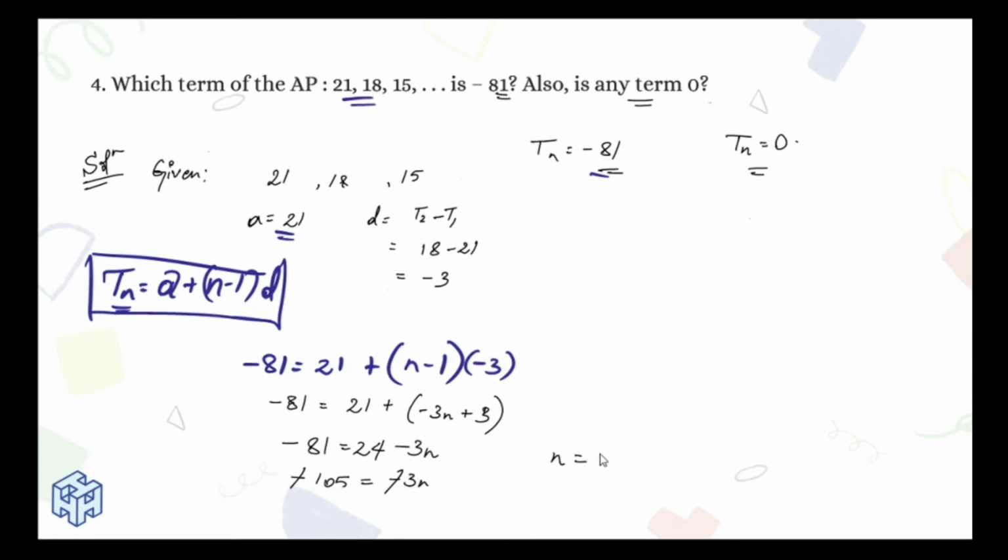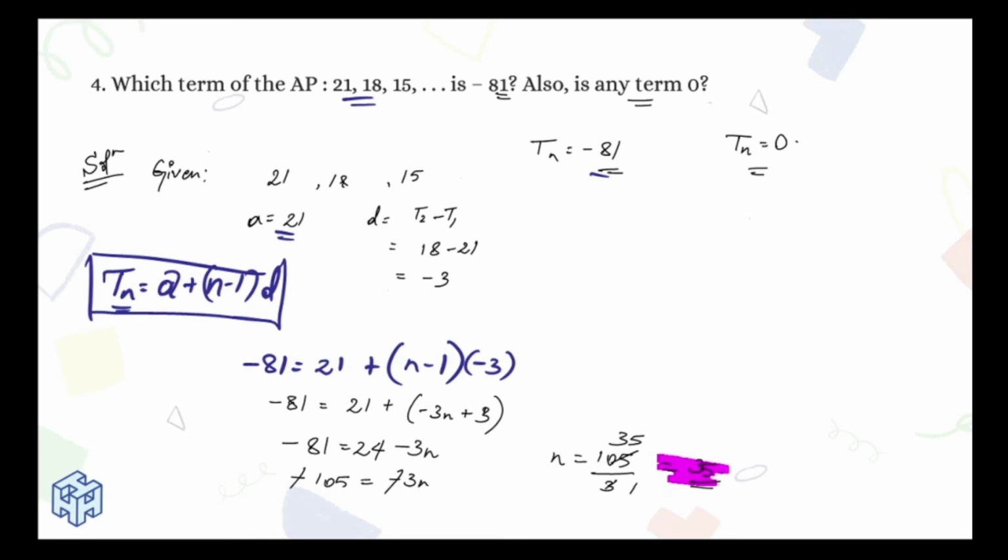Therefore n is equal to 105 divided by 3, which will give me the answer as 35, right? 3 1s are, 3 3s are, and 3 5s are. So I get 35. So we got our first answer.